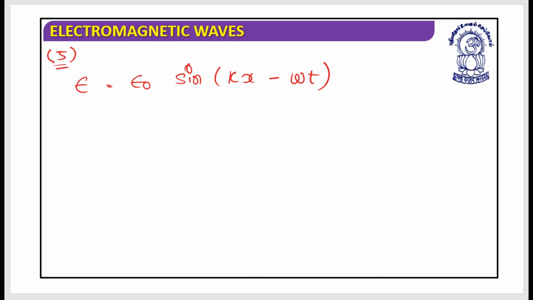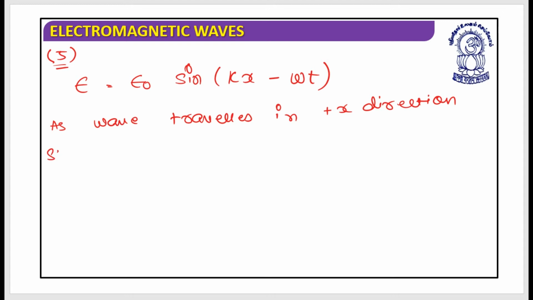As we know, the wave travels in the positive x direction, so E cross B should be along the x-axis.